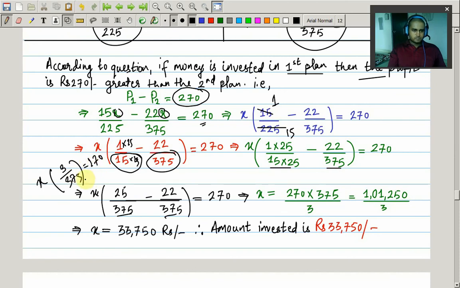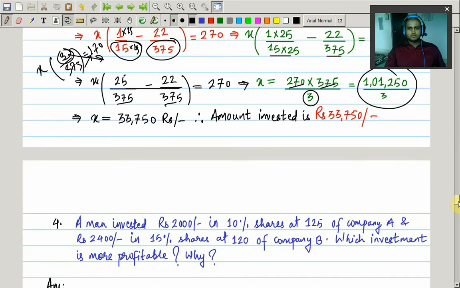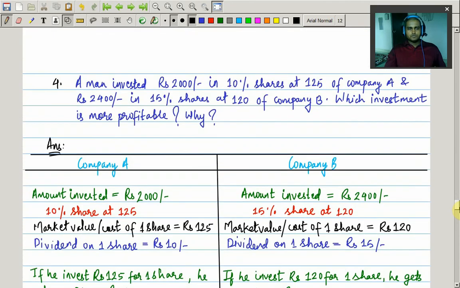So this 375 will get multiplied on the other side. That's what I have written here, 270 into 375, and this 3 will move into the denominator. So this is what I get after simplification, and x is 33,750. So amount invested is 33,750 rupees.